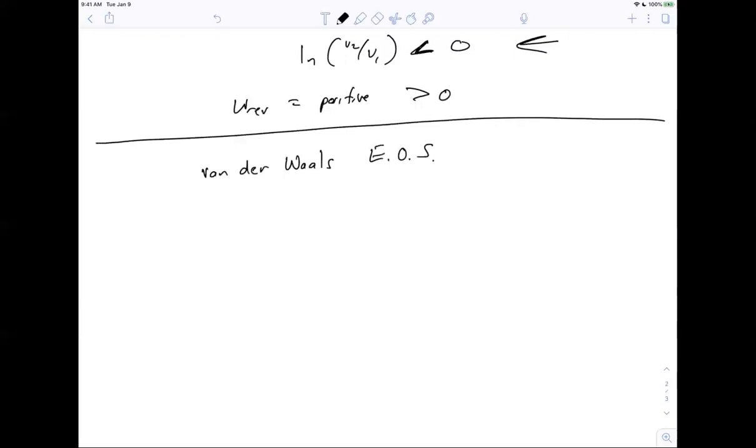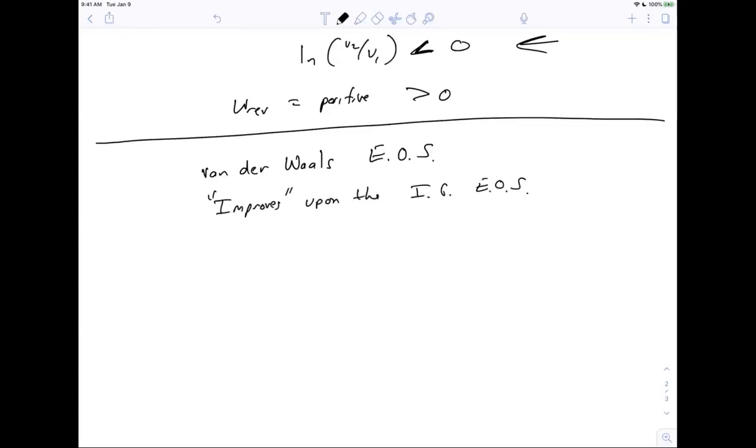Now what it does is take into account two things. It improves, and I'll put that in quotes because it's still not the most perfect equation of state. There are other ones that are much more accurate, but they're much more complicated. So this equation of state improves upon the ideal gas equation of state.